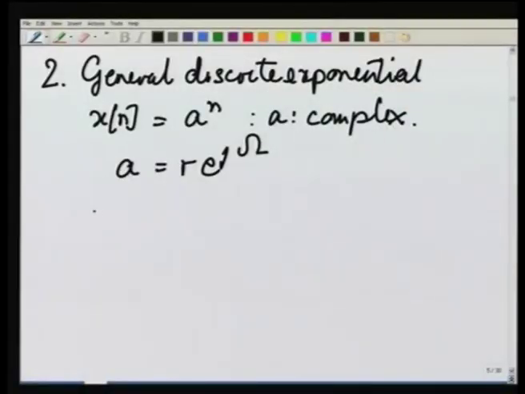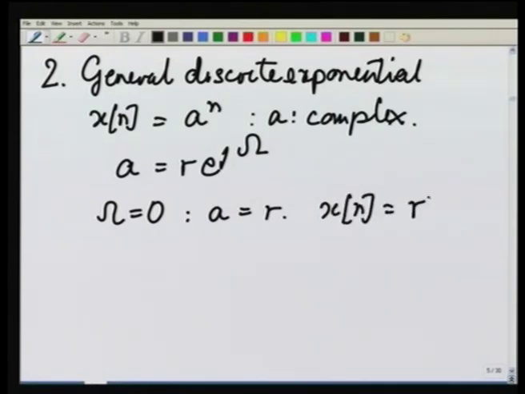Let us start with omega equal to 0, so that a is simply equal to r. In that case, x of n becomes merely r to the power n.